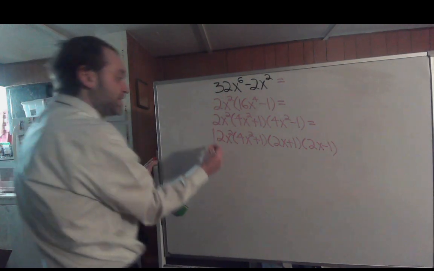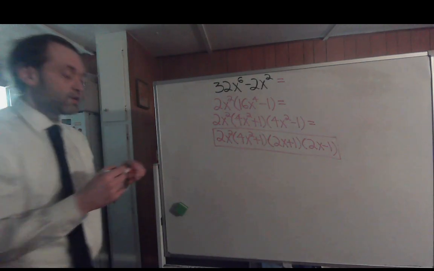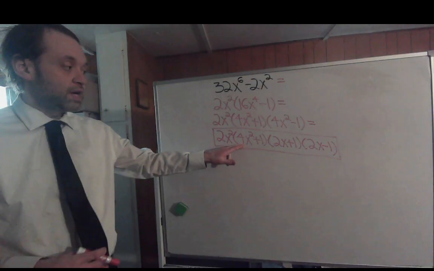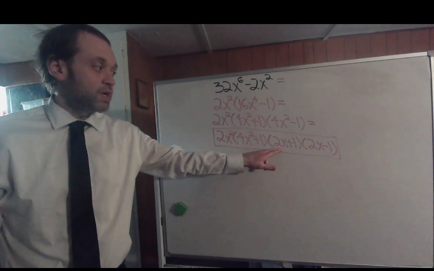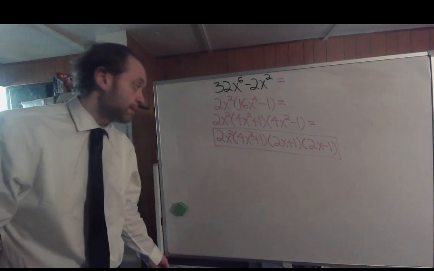So the complete factorization of this is going to be 2x squared times the quantity of 4x squared plus 1 times the quantity of 2x plus 1 times the quantity of 2x minus 1.